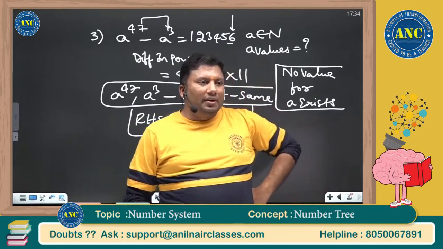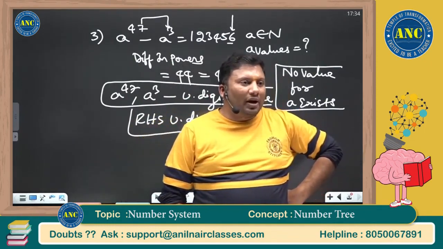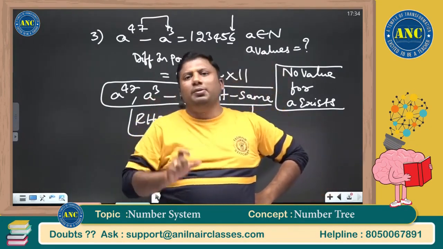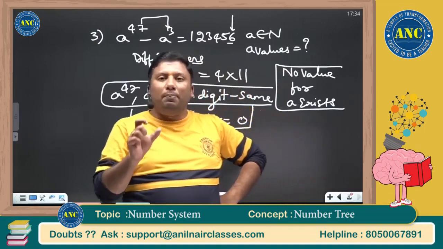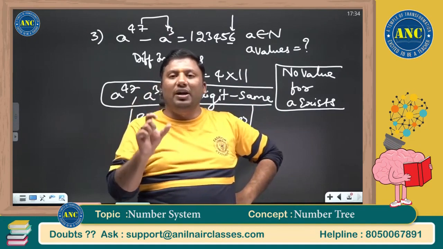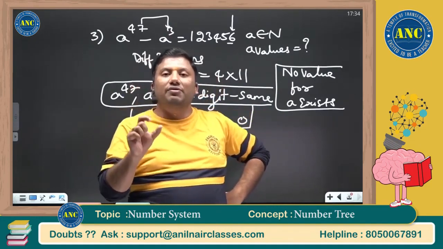Now let me see the live chat. A student says prime number cyclicity is p minus 1. I will just change the statement for you. Fermat has proposed that for a prime number the generic cyclicity is p minus 1. Sometimes a factor of p minus 1 will also give you the answer.